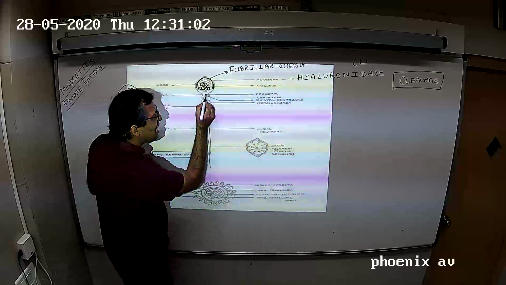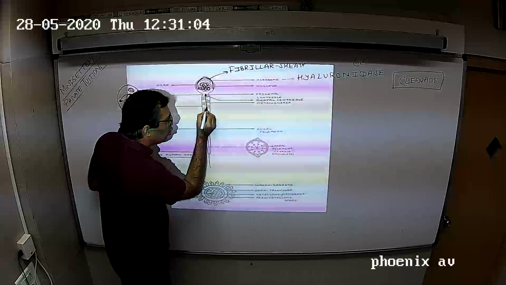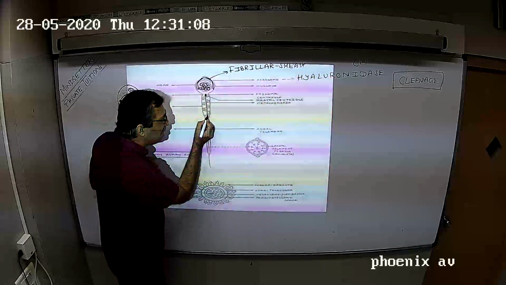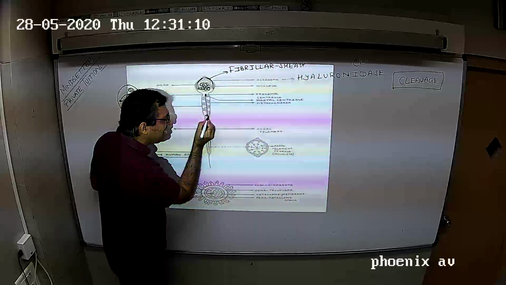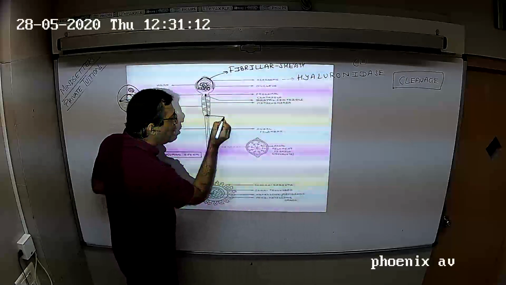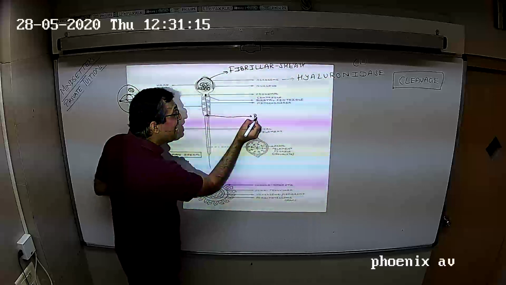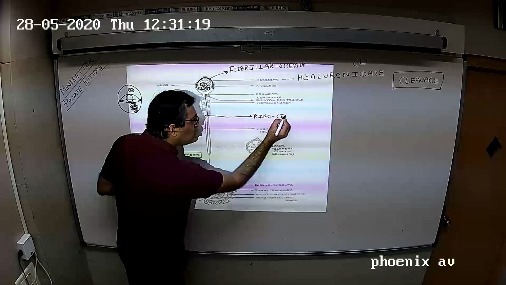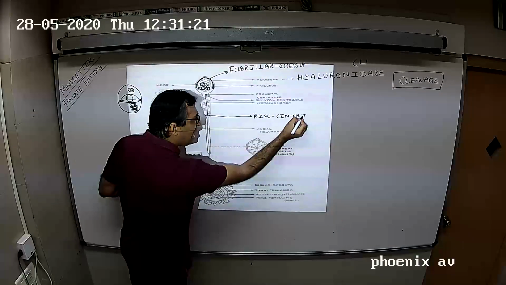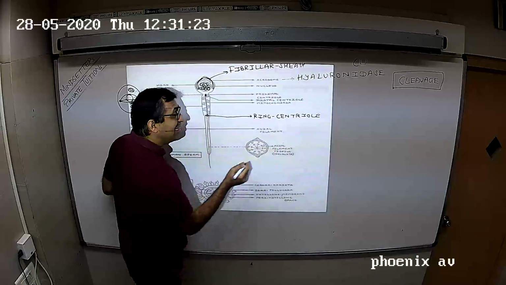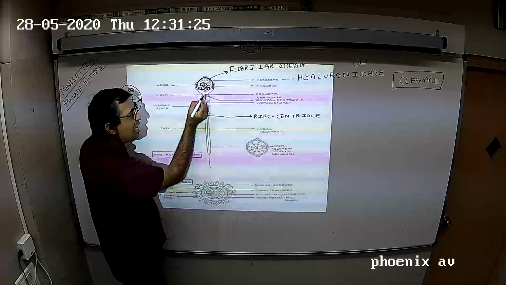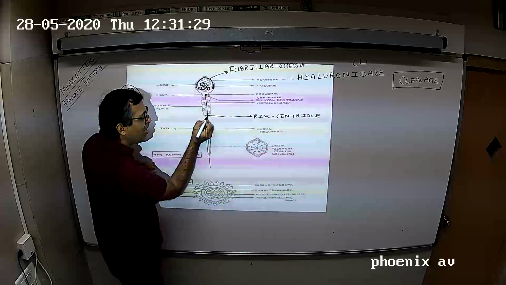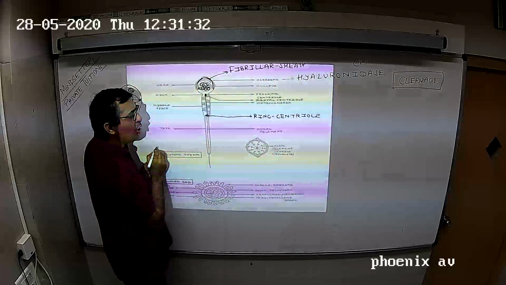The distal centriole gives rise to spindle fibers, and spindle fibers pass through another centriole which is called the ring centriole. तो टोटल कितने centrioles हैं एक sperm के अंदर? There are 3 centrioles. There is the proximal centriole, the distal centriole, and the ring centriole.